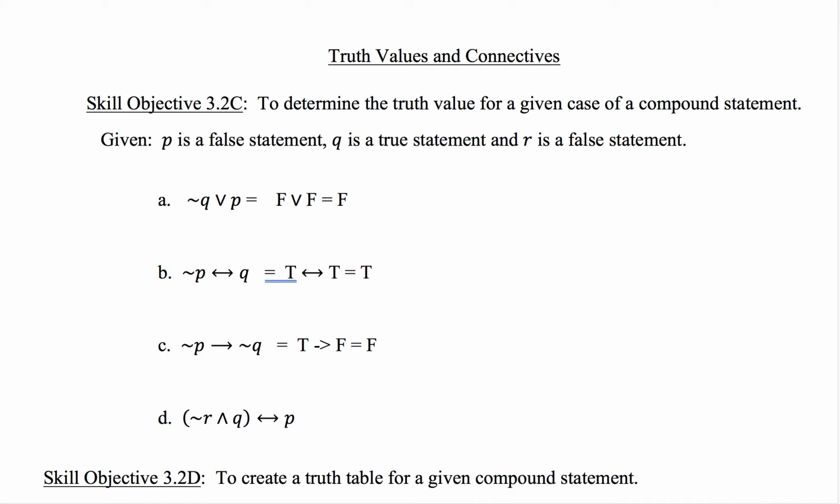All right, so our last one, we're going to go through and do each part of this separately. We start with the negation of R. What would that be? We know that R is false, so the negation of R would be true.